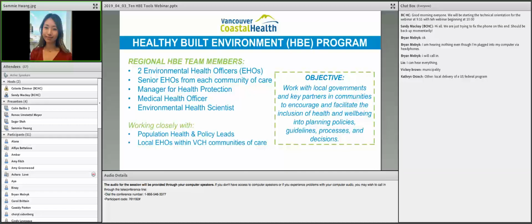Our main objective is to work with local governments and key partners in communities to encourage them to consider including health and well-being into planning policies, guidelines, processes, and decisions. And our activities can range from participating in high-level policy initiatives to reviewing specific planning proposals, taking part in impact assessments, to knowledge translation of health evidence.